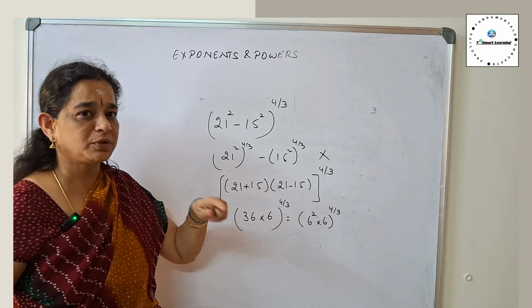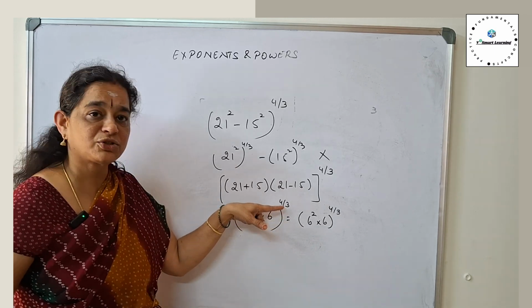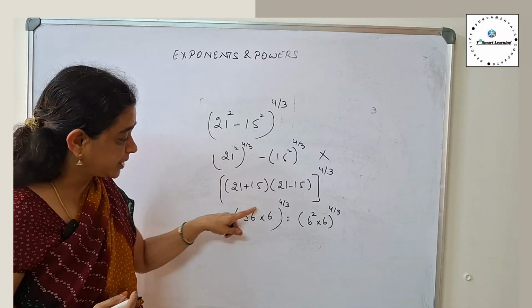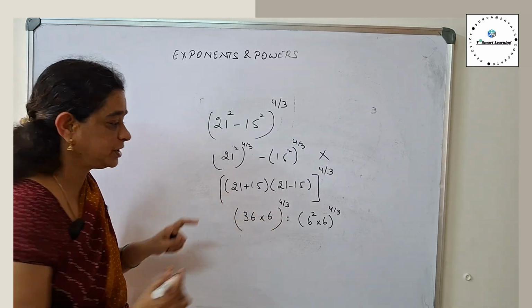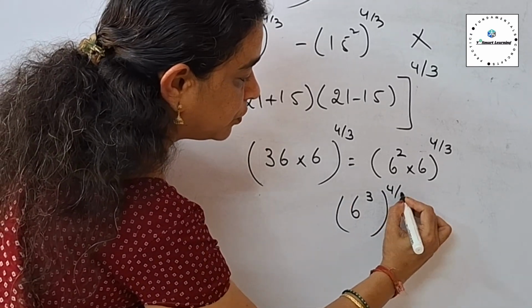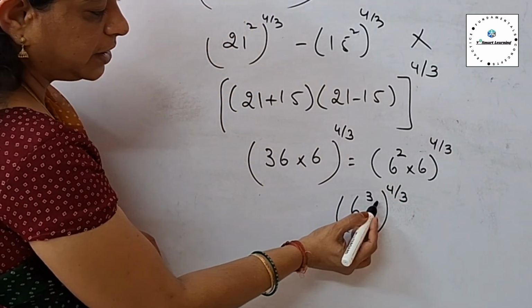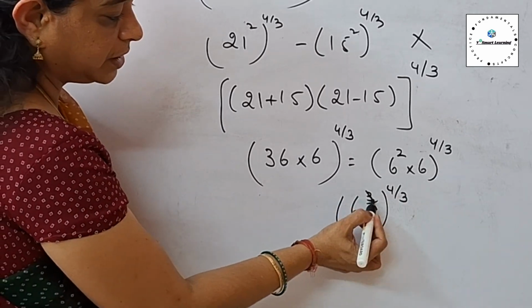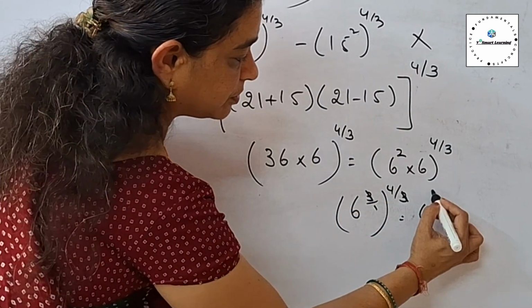Most of the problems will be in such a way that this denominator has to get cancelled. So you have to work on expressing this as a power of 3. So this is nothing but 6 cubed to the power of 4 by 3. That is 3 by 1 into 4 by 3. The 3 goes, so you get 6 to the power of 4.